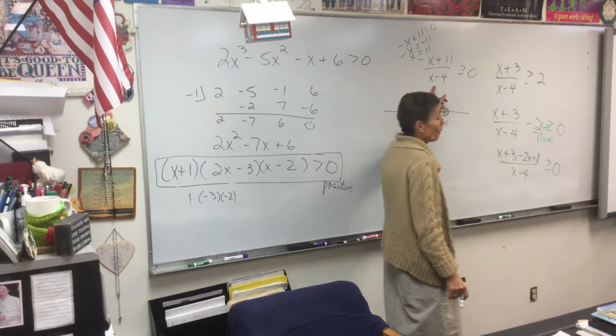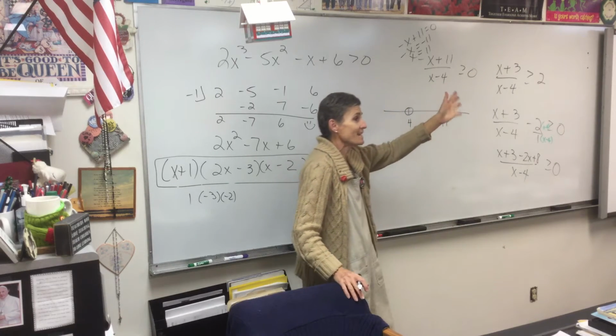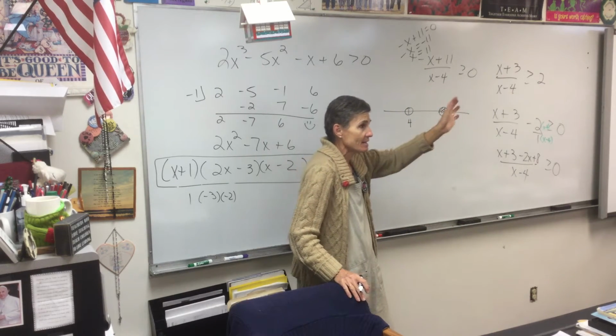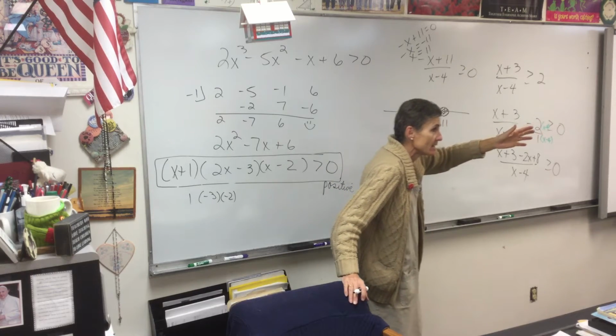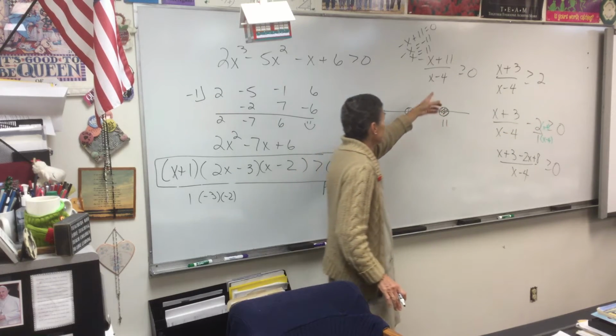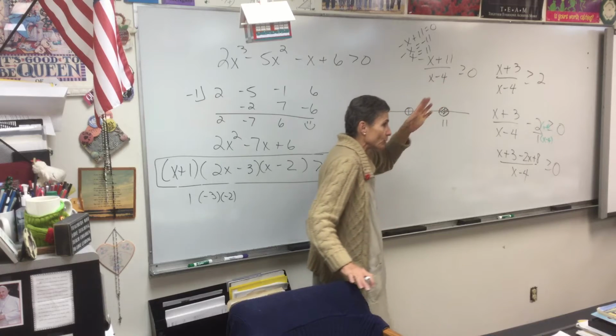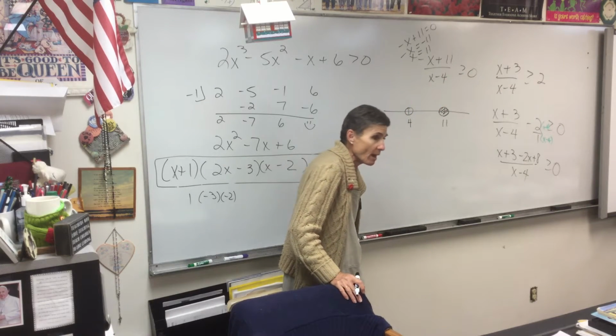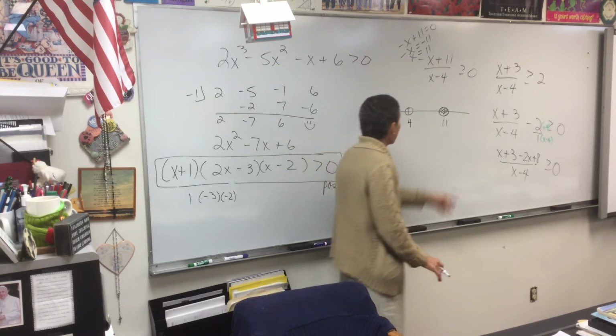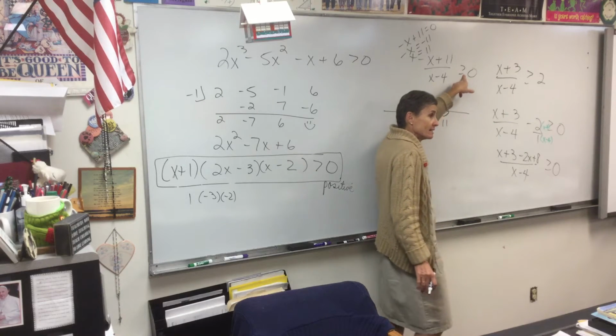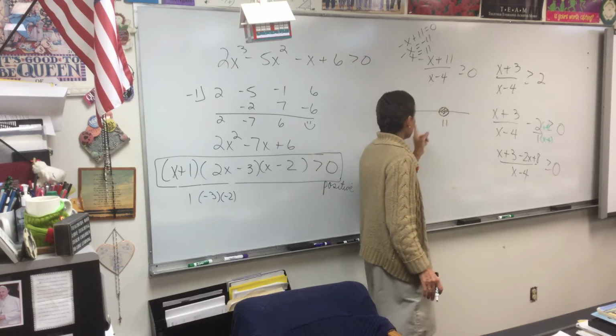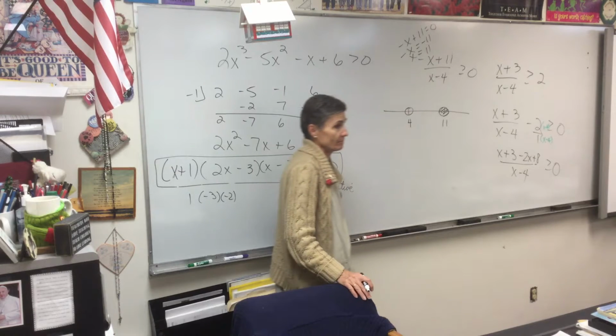Patty says, whoa, whoa, whoa, Mrs. Ford. Denominator dots can't be colored in because if you included 4, your denominator would be 0, and that's not allowed. So no matter what this sign is, that denominator dot will not be colored in.